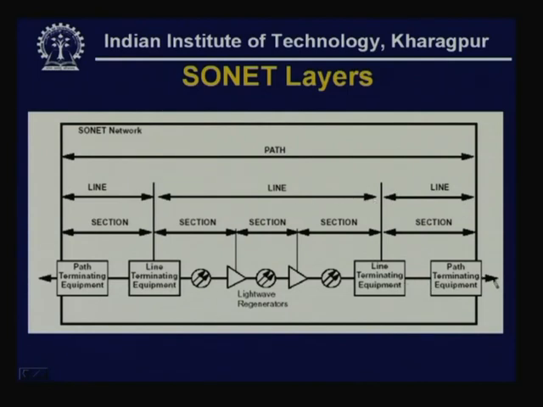And the end to end, from user to user, where the signal is converted from electrical to optical and optical to electrical, is essentially a path. So, end to end is the path. Between a path you may have several lines, and between each line you can have several sections, as depicted in this diagram.